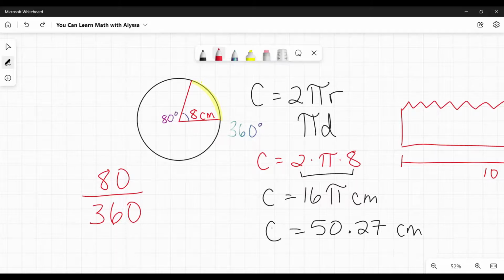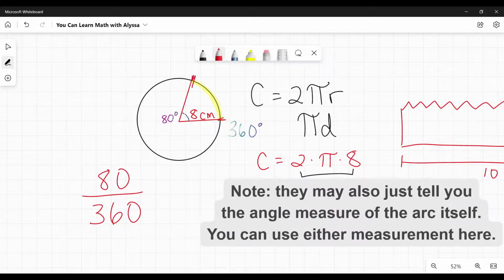Now, a couple of notes on this. Just setting this up, this is the same process every time. You're going to take the angle of the arc. When you have the 2 points of the arc, you go back to the center of the circle and you have that angle. That's the angle you want.